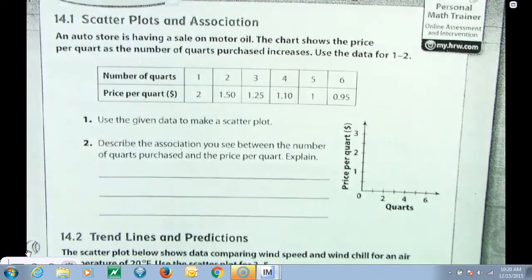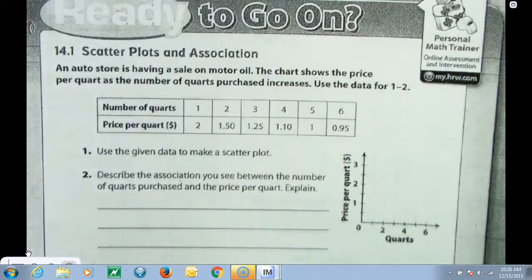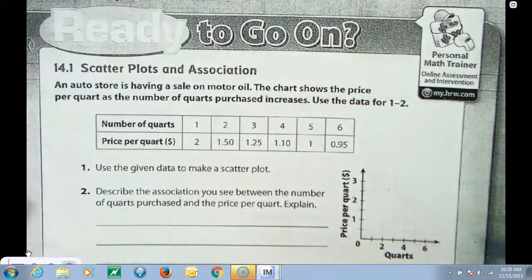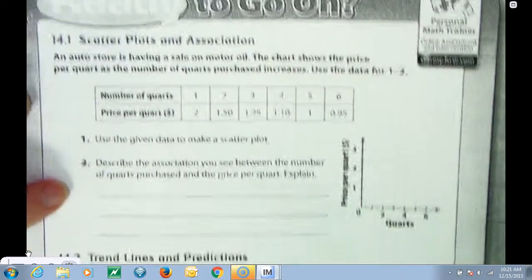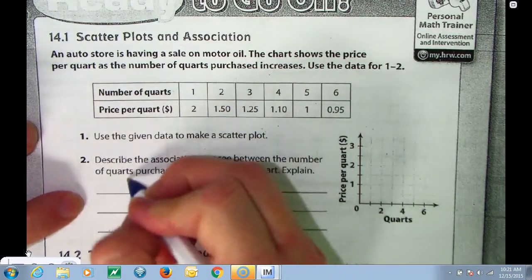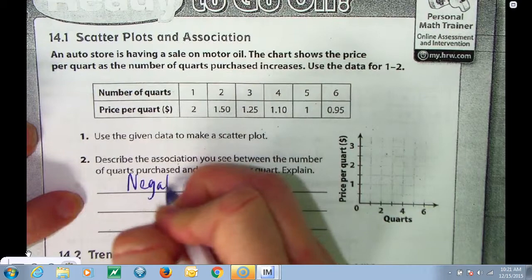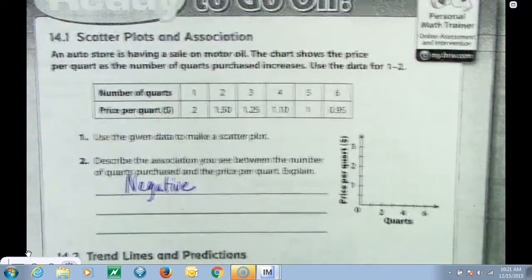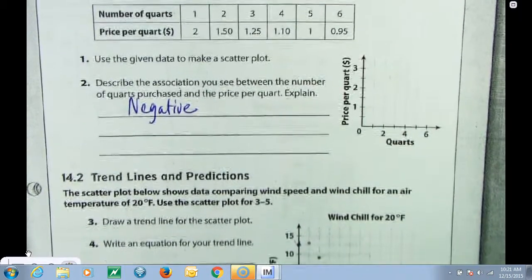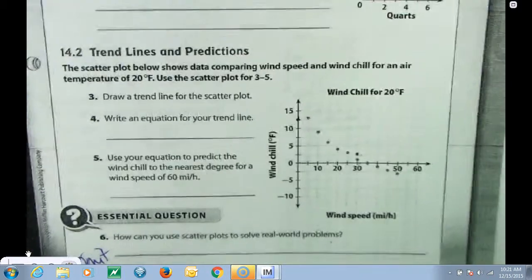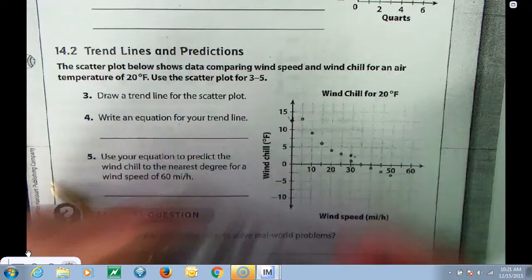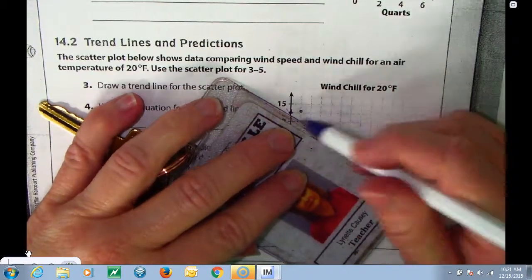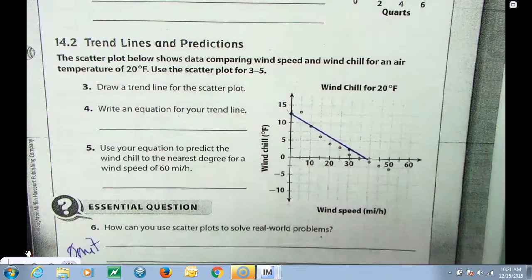Check real quick, guys. Okay, we're going to check page 407. Number 1, I'm not going to put the points on there. I know you did that right. What was the association? Negative. On number 3, I told you to draw your trend line, connecting those points.